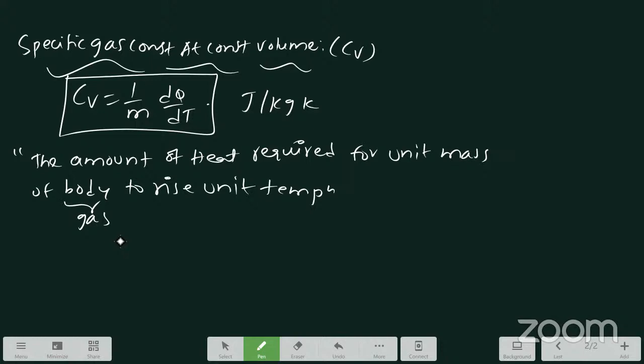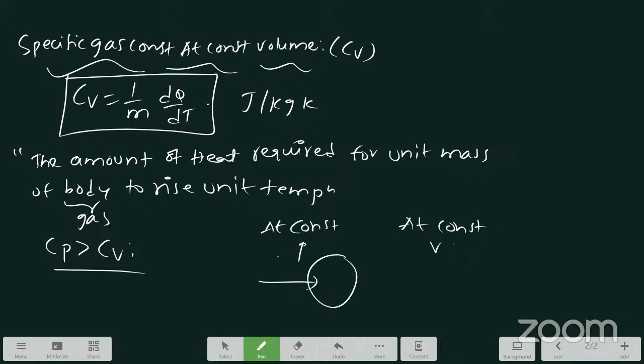Why is Cp greater than Cv? It means, students, at constant pressure and at constant volume, we are supplying heat. When we are supplying heat at constant pressure, this heat is utilized for internal energy plus external work, because when we are giving heat, it is utilized in two ways.